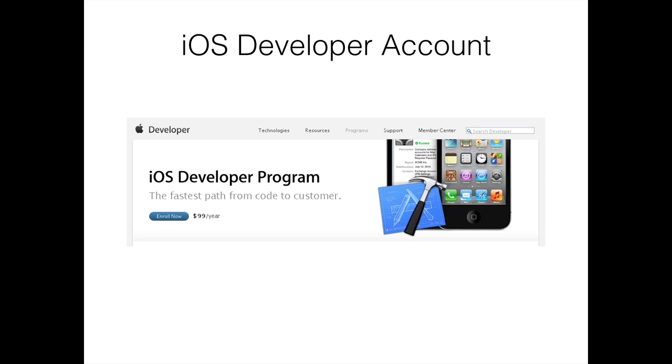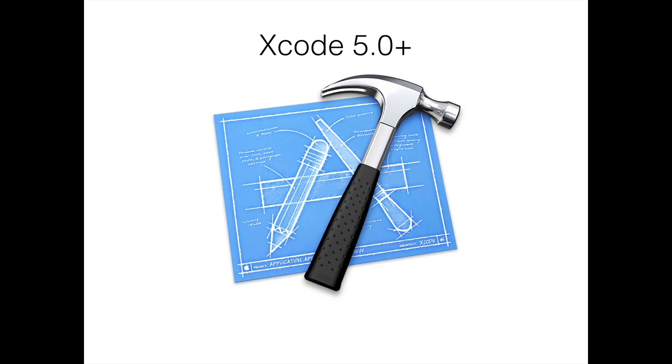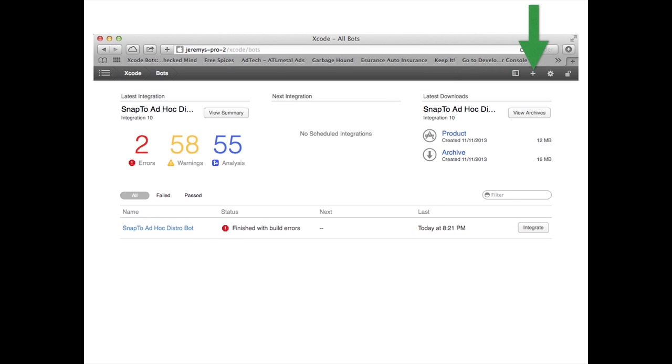You need an iOS developer account, OS X Mavericks and OS X Server, Xcode 5.0 and greater, and a GitHub account. Once you have all that up and running, you simply open your server app and turn on the Xcode service. You can then create an Xcode bot, and you are up and running.